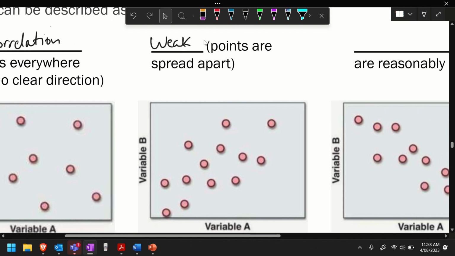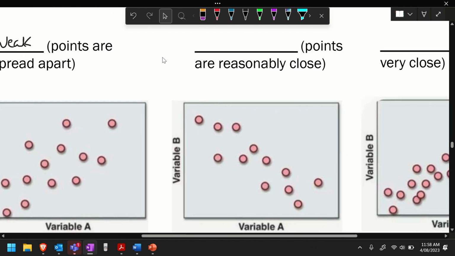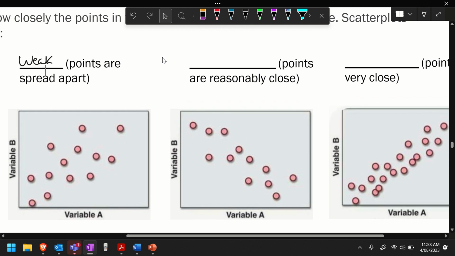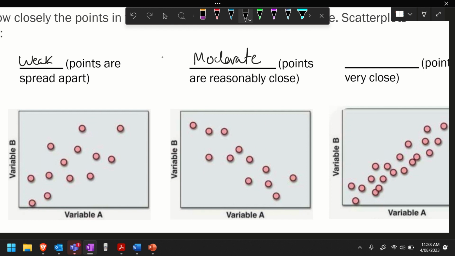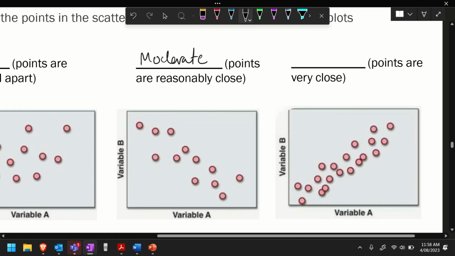This one here would be weak. If you go here, this would be moderate, yeah? Good, so we get it. The closer the dots, the stronger it is. So this is moderate. And the last one, as Jai mentioned before, when they're really, really close, you can see that it's going to make a straight line. You would say it's strong.